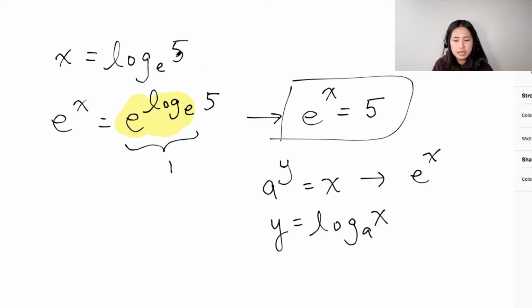So your a is e, and then you have your y value, which is basically 1.61, and then you have your x, which is log base e of 5. Does that make sense? Because x is equal to log base e of 5, therefore we're going to say that e raised to the power of 1.61 is equal to 5.